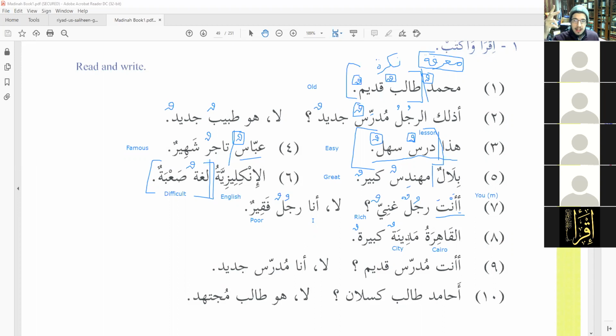It is nakira, and it is feminine, not masculine. And so we have kabiratun, the singular feminine version of kabir. Good stuff, and some deceptively difficult exercise.